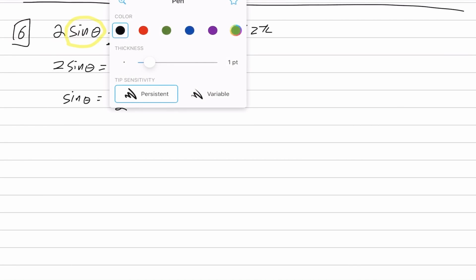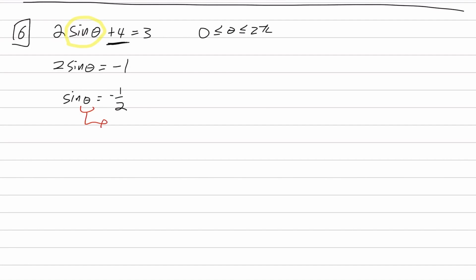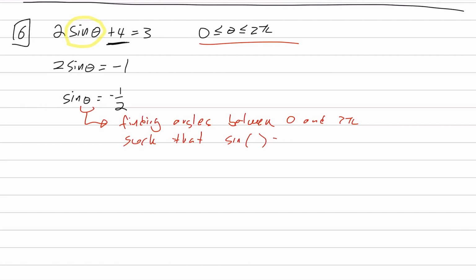Now, what we're doing is finding angles between, as given here, 0 and 2 pi, such that the sine of that angle gives us negative half. So essentially 0 to 2 pi is from the unit circle.